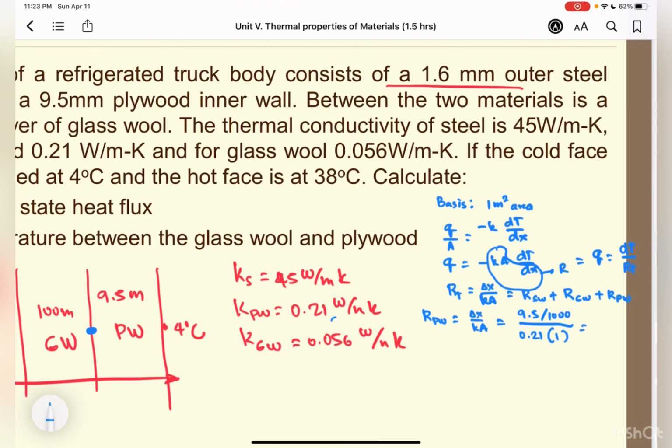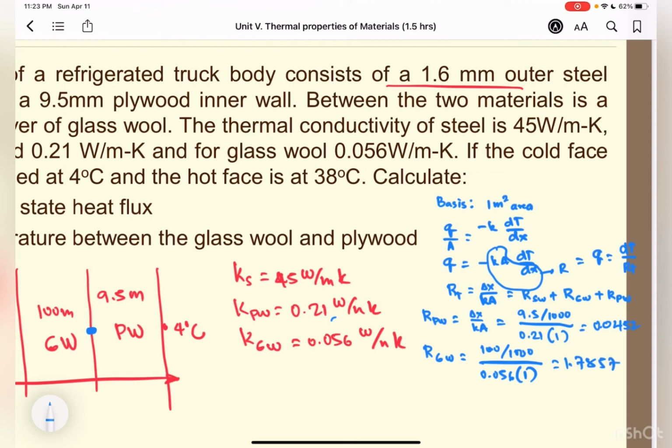So you get that to be around 0.0452. Okay, let's take a look at the resistance of the glass wool. Glass wool is 100 millimeters. So 100 over 1,000 divided by K of the glass wool, which is 0.056 times 1.